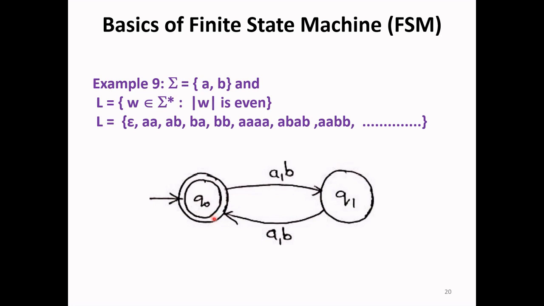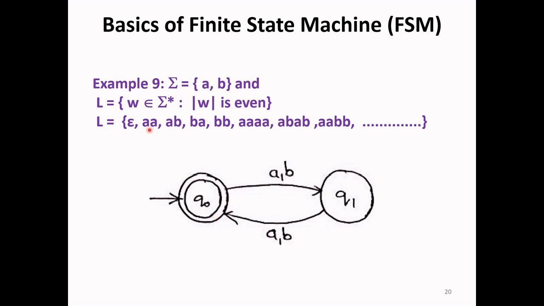So the same logic is applied here. When I come across an A or a B, it will go to the intermediate state. When I come across another A or B, that is string length is 2, it will go back to Q0, which is the final state.